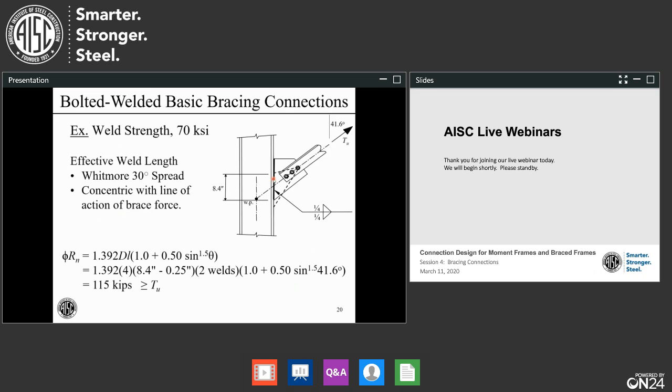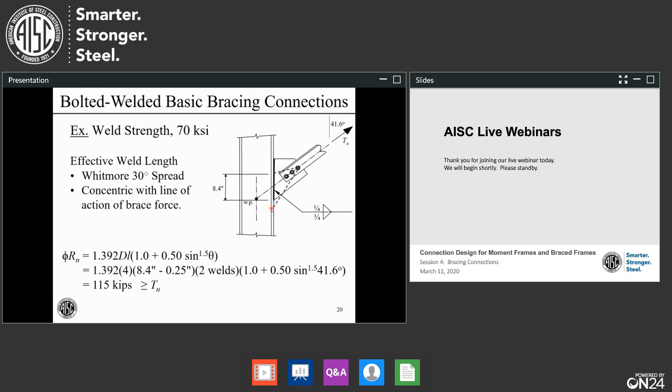Another option is to define the effective weld length that is concentric with Tu. And one approach could be this. You could start at this side of the connection, spread the load at 30 degrees like a Whitmore spread, and see where that puts these lines intersecting the column. This one's intersecting up here. This one's off the bottom of the plate.